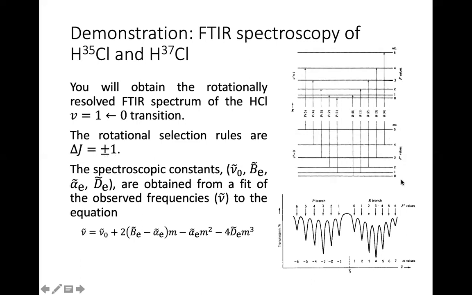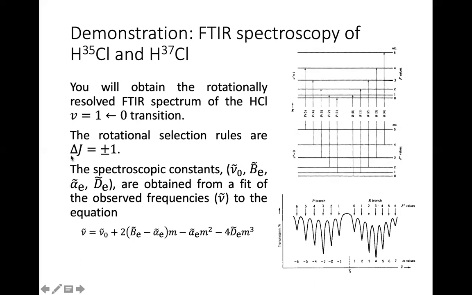So for example, if delta J is minus 1, then you could go from a J value of 1 in the ground state to a J value of 0 in the upper state, or from 2 in the ground state to 1 in the upper state, and so forth. And these transitions where delta J is minus 1, they're labeled P, they're called P branch transitions.